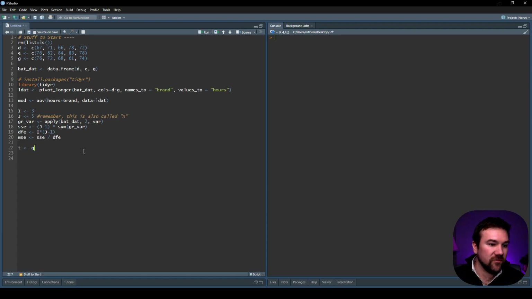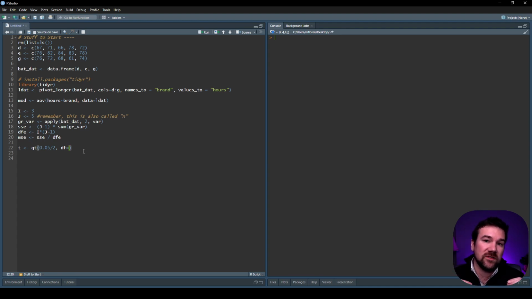So for my t critical value, remember that I'm going to be using alpha over 2, so I have 0.05 as my alpha over 2. If you're using a different alpha, of course, you'd put in a different number instead of 0.05 there. Also remember, I'm using the mean squared error and the degrees of freedom error for my components instead of the regular components in the t-test.